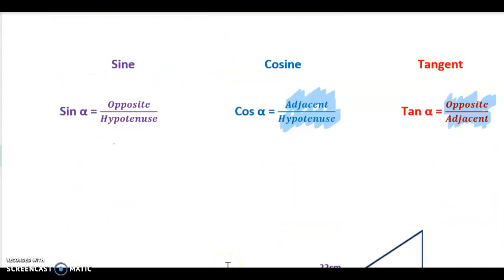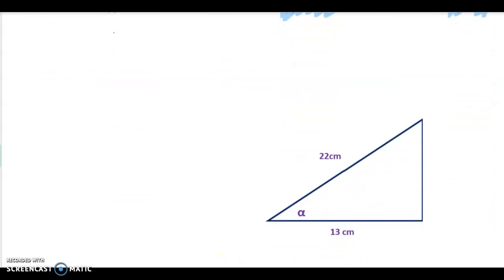So if we look at this example here, there's my right angle triangle. I've got my hypotenuse, that's my opposite, and that's my adjacent. I've got my angle there, alpha, I don't know what it is. So using my SOHCAHTOA, I can tick off all the sides.